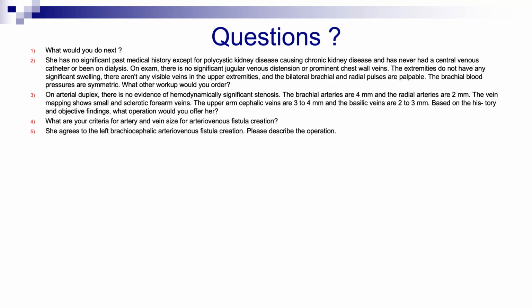I will make the anastomosis not more than 5 millimeters. Before finishing my anastomosis, I will flush, allow for back bleeding, and complete my anastomosis, check for thrill, control hemostasis, and then I close my wound.